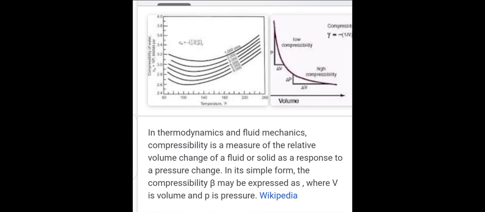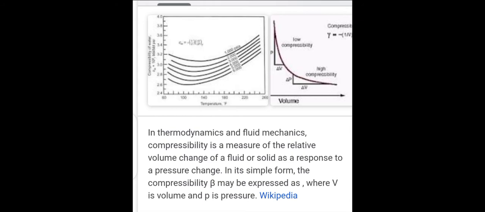In thermodynamics and fluid mechanics, this is actually compressibility. The molecules are far apart, especially in gases. So by applying pressure, they are compressed. They come closer. So this is compressibility.